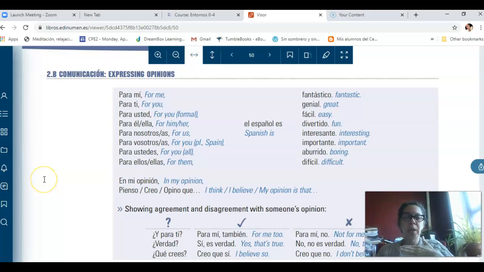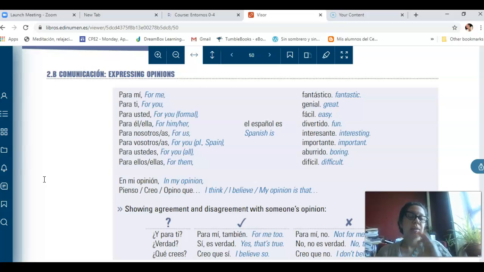So if you're talking about yourself, that will be para mí. If you're talking about another person, it will be para él, para ella, okay? Or para ti, for you. ¿Sí? Para usted, para nosotros, para vosotros, para ustedes, para ellos.